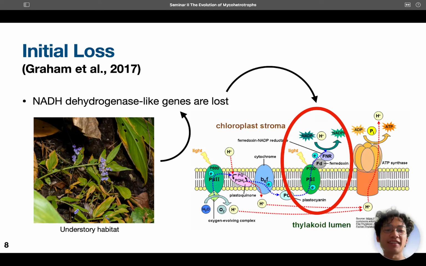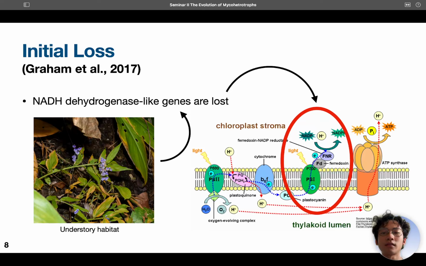It is involved in the process about ferredoxin and NADP reductase. I mean, the genes are involved in this system.